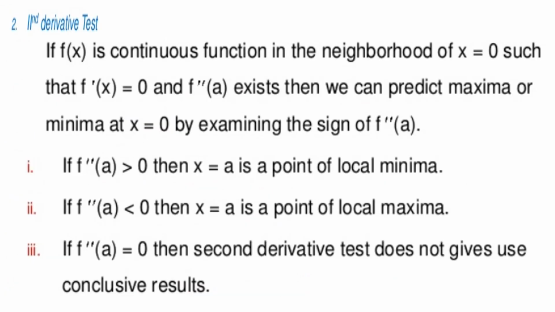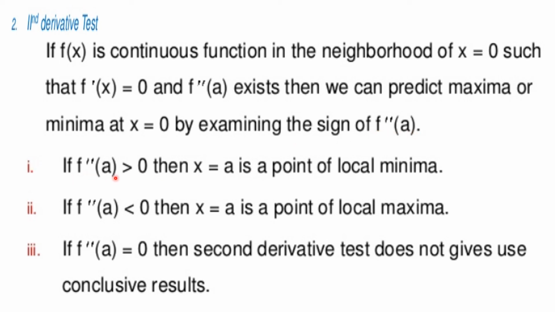Right. Now come to the second derivative test. If f of x is a continuous function in the neighborhood of x is equal to a, such that f dash of a is equal to 0 and f double dash of a exists, then we can predict maximum or minimum at x is equal to a, by examining the sign of f double dash of a.